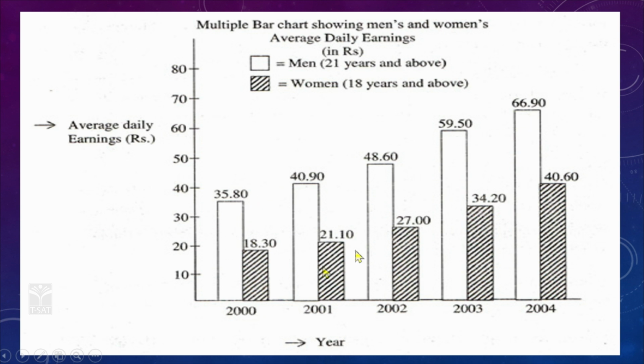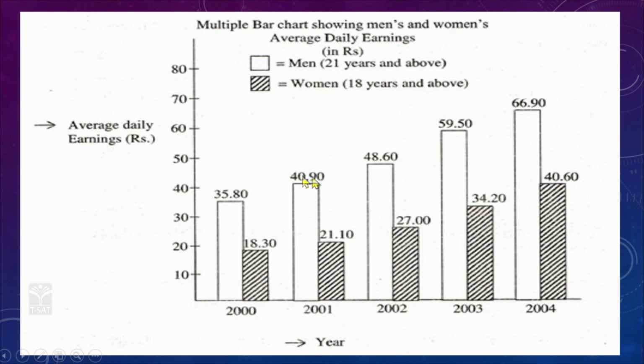The difference between 2000 and 2004, in 5 years, is an increase of nearly double: 66.90 minus 35.80 means a 31 rupee 10 paise increase. When you compare with women, from 18 rupees 30 paise to 40 rupees 60 paise, around 22 rupees 30 paise is the increase. So, that is the average daily earnings given.